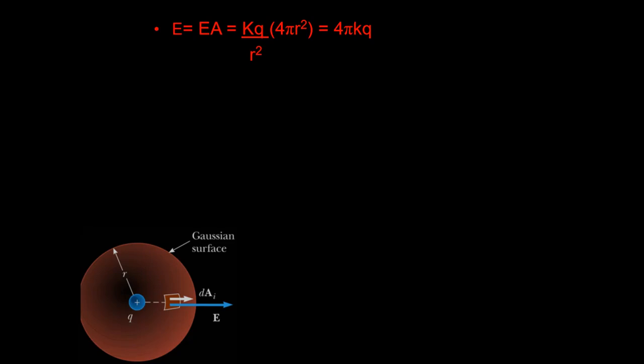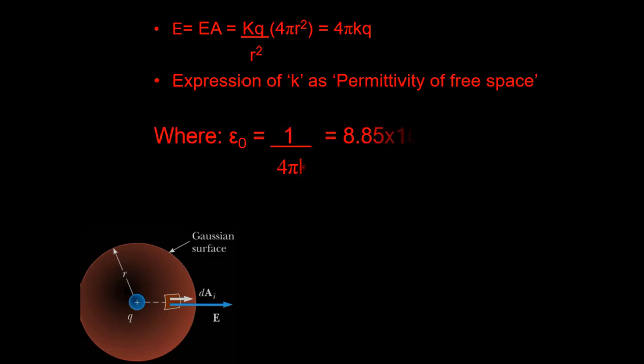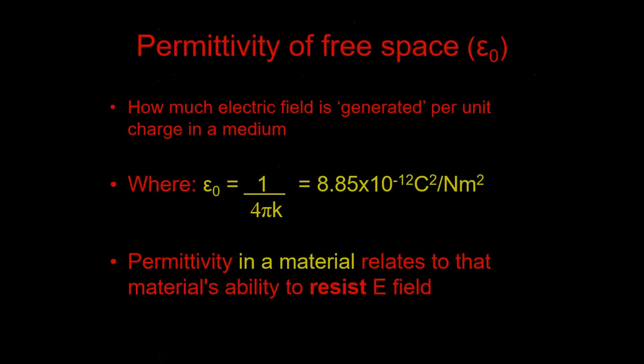So EA is essentially equal to KQ over r squared times 4 pi r squared, which is 4 pi KQ. Epsilon 0 will then become 8.85 times 10 to the minus 12 Coulomb squared per Newton meter squared. And that's where our permittivity of free space comes from.